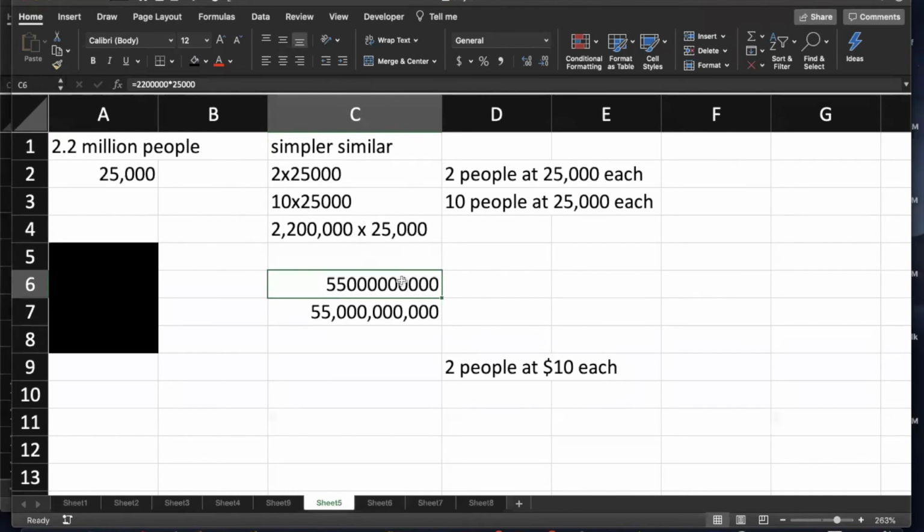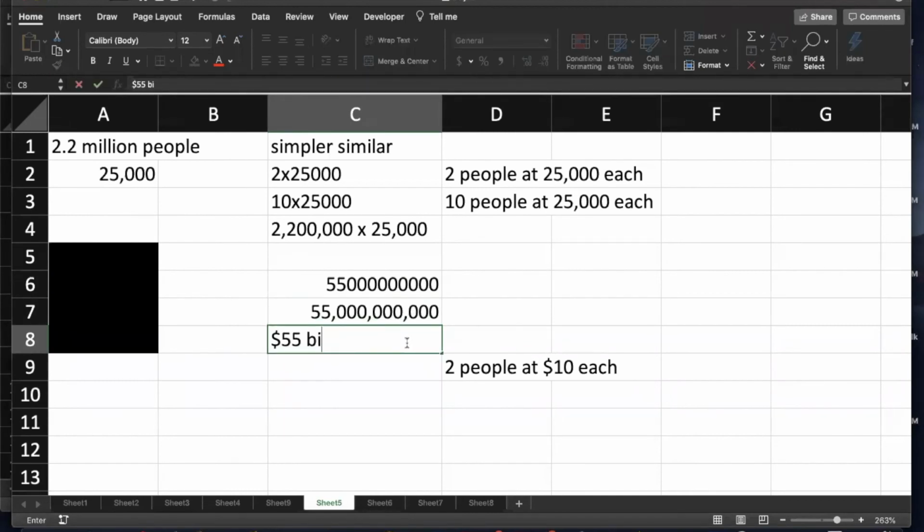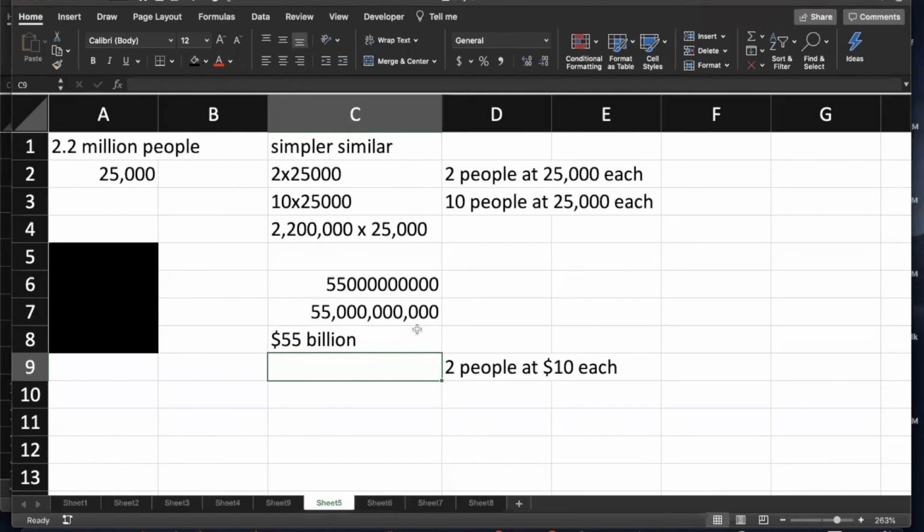So when I do 2.2 million times 25,000, I end up with this number. And this number is about $55 billion, which I hope seems like a very large number, because it is, right? And, you know, again, from just the meaning and the context of the problem, there's a lot of arguments that can be made about why are we spending so much money as a country to lock people up when we could be spending that money differently, like investing in education, investing in resources, investing in mental health resources, investing in drug rehab.